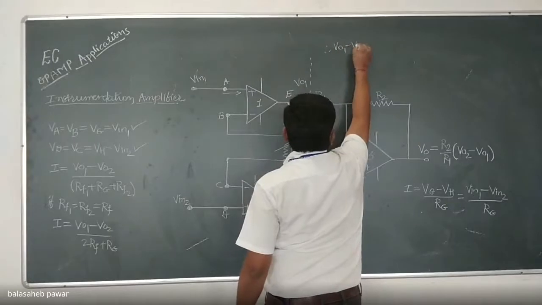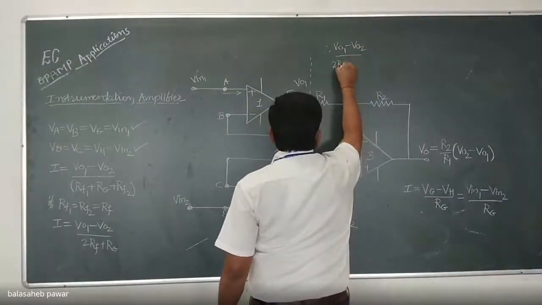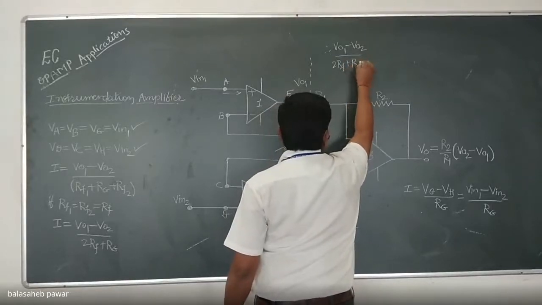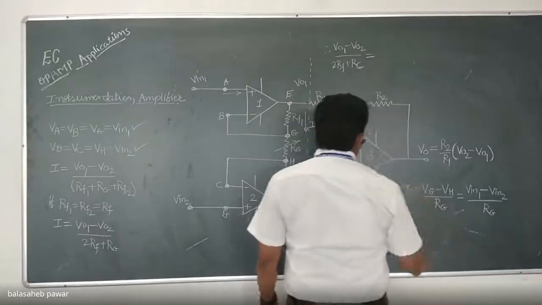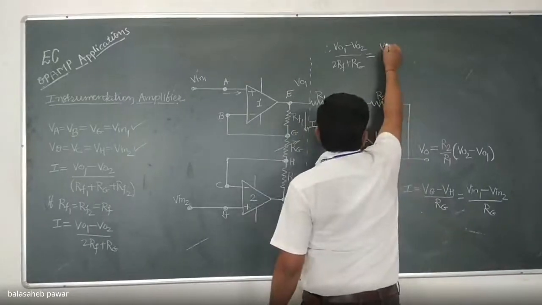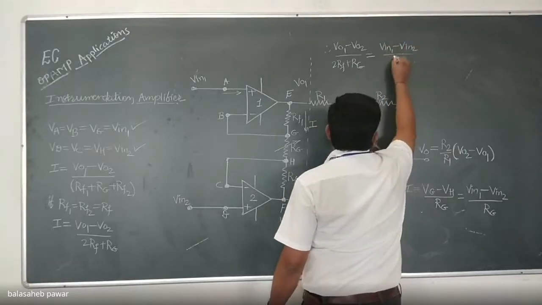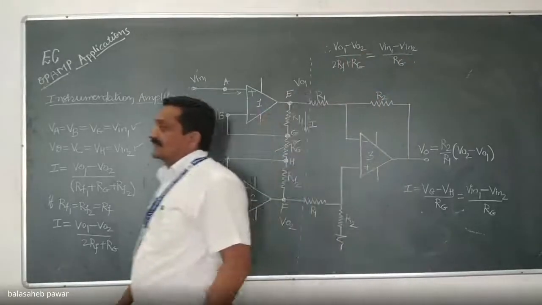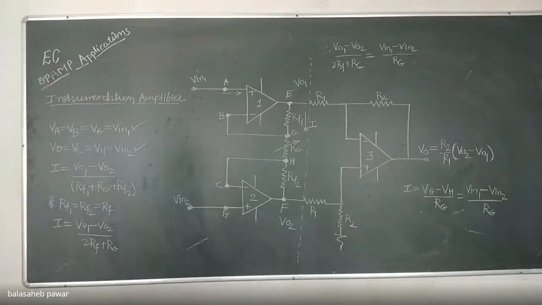So I will write over here VO1 minus VO2 divided by twice of RF plus RG equals, what is the other equation for I? That is Vin1 minus Vin2 divided by RG.